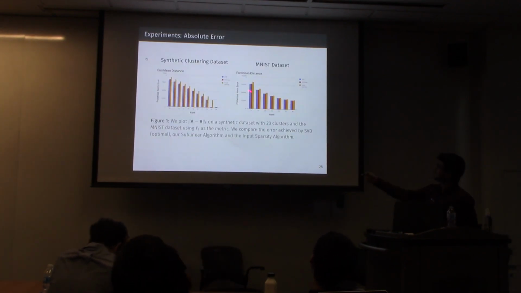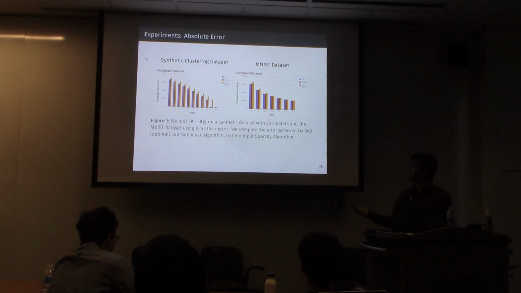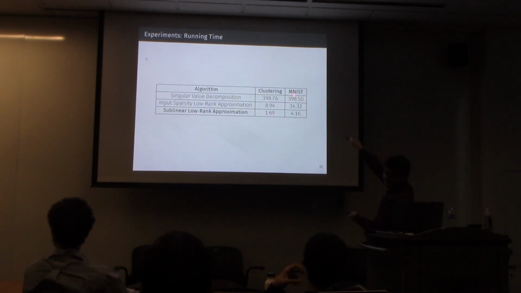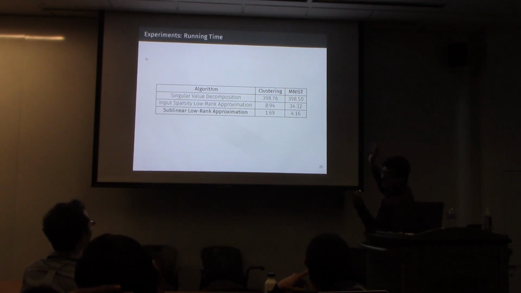Okay, so the blue part here is the optimal error. This is what SVD achieves. The red bar is what our algorithm achieves, and the orange one is what an input sparsity time algorithm achieves. So if you're doing SVD, what's the input? The input is a distance matrix. Any distance matrix. Over here it's an MNIST data set. It's a popular machine learning data set. It doesn't really matter. What's the distance?